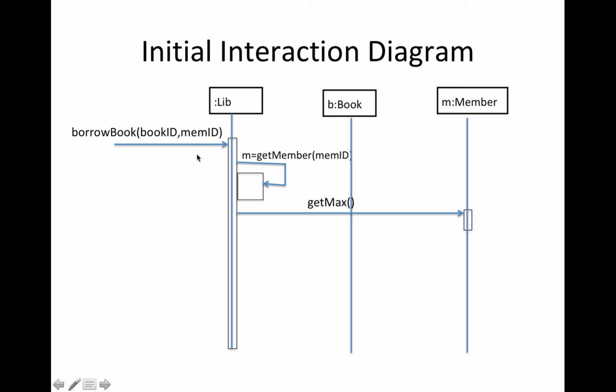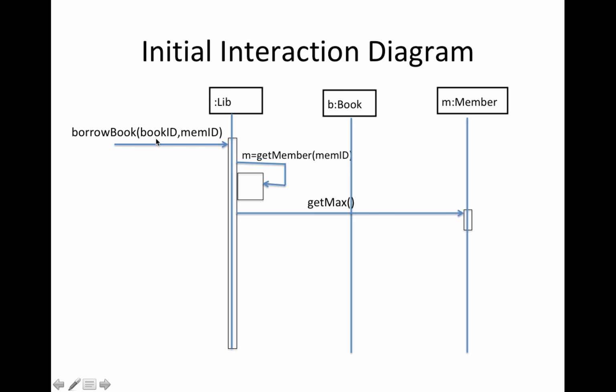The good thing with a sequence diagram is it shows the order in which the methods are called. As you can see, in order to carry out this borrow book, this library object, which is the main or the controller object, has to interact with a book and the member object. It has to check whether the book is available. It has to check that the member has not already borrowed the maximum number of books.